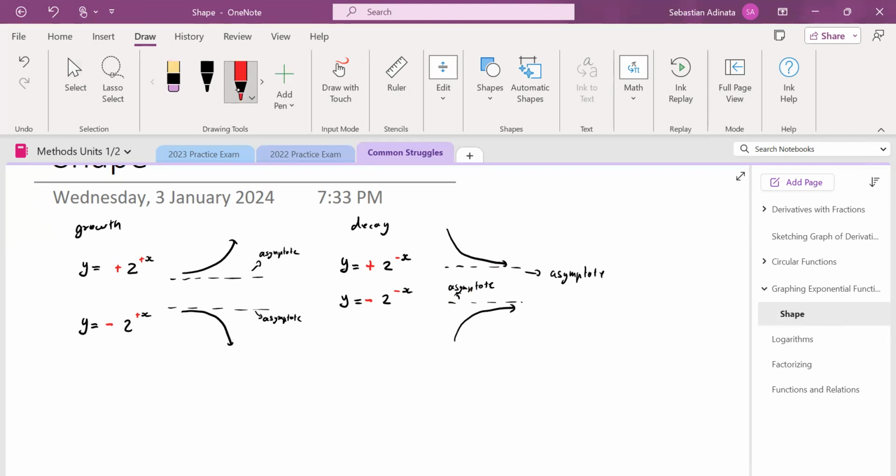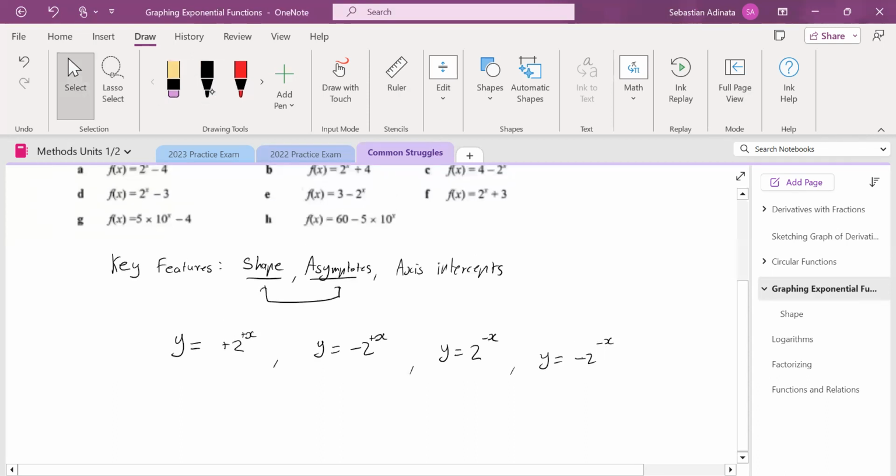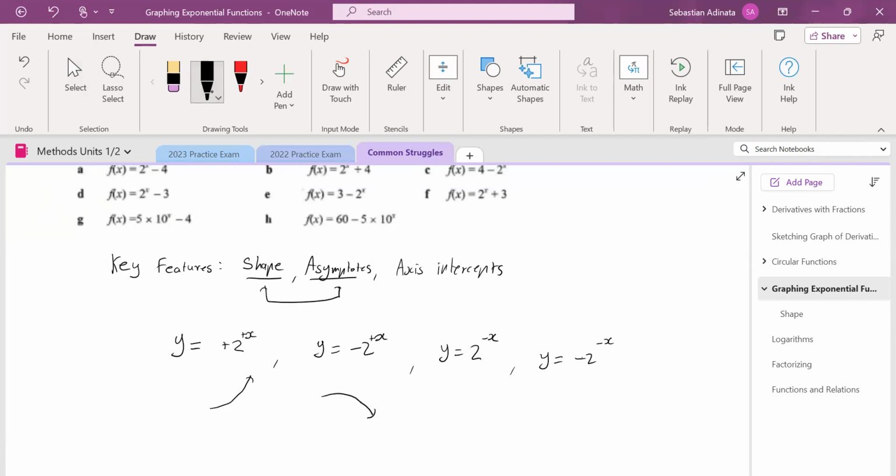If that makes sense. So first thing is to dictate the shape. Which does it look like? This, like this, or like this, or like that. Once you've done that, half the job is done.